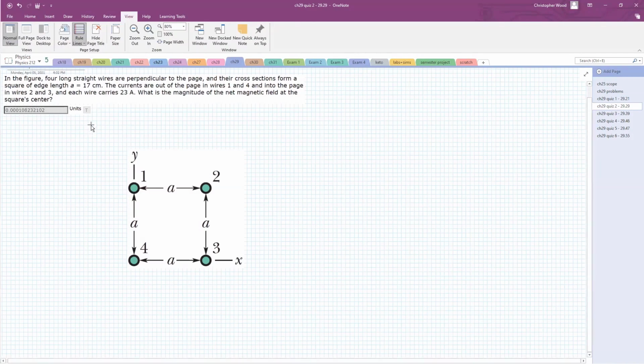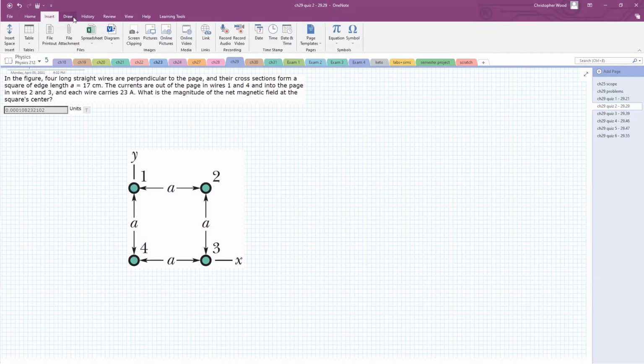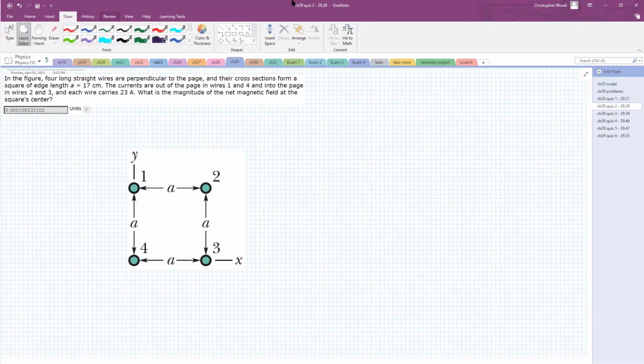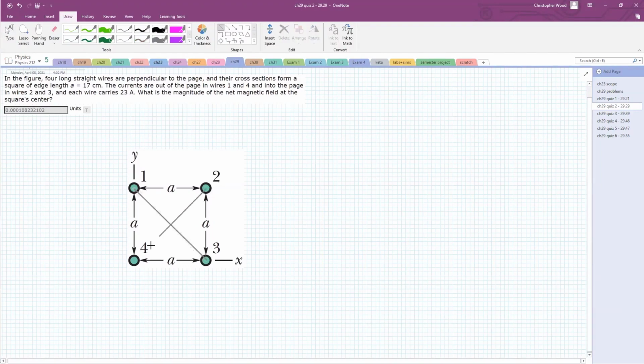We need to find out what the magnetic field is in the center of this 4-wire configuration. What is the magnitude of the net magnetic field at the square's center? So I'll just draw some guidelines here. Where's the center of the square? The center of the square is at this intersection.